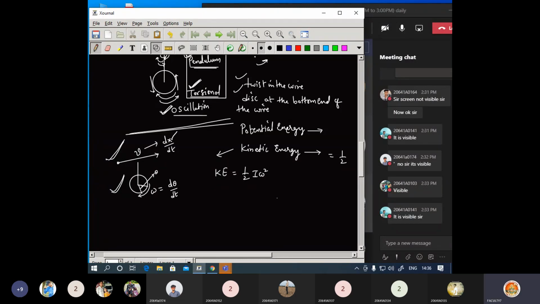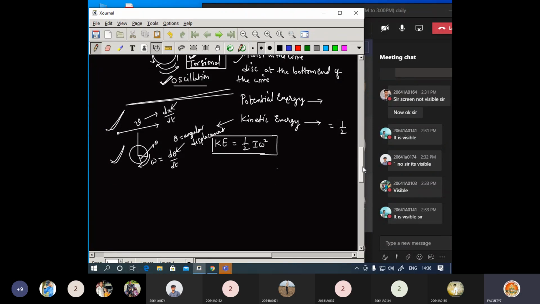So dx by dt is the linear velocity; here we replace x with theta, which is known as the angular displacement. So now the kinetic energy is given in terms of moment of inertia and the angular velocity.